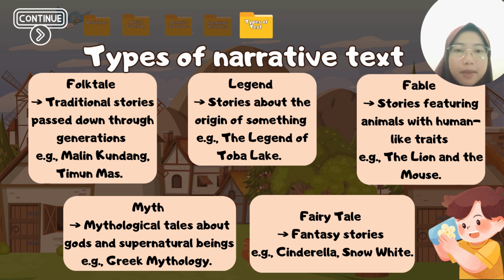For example, the lion and the deer, the ant and the elephant, the crocodile and the deer, and many other fables. And then the fourth type of narrative text is myth.